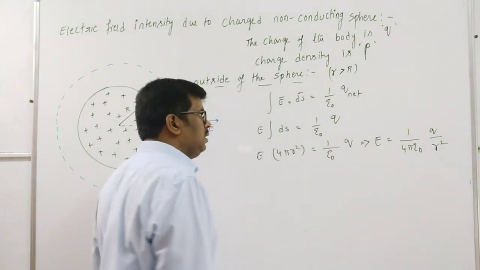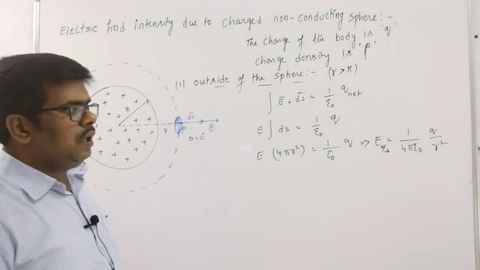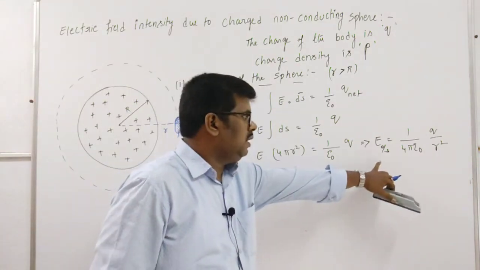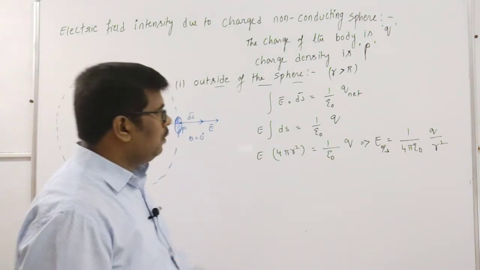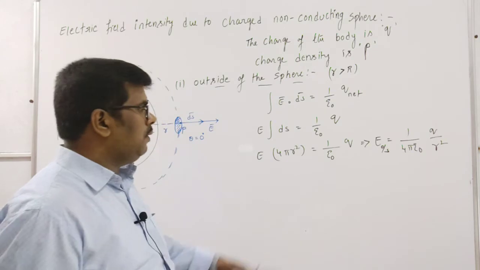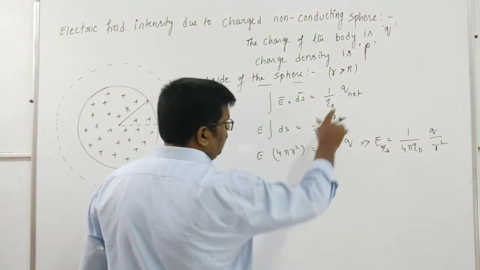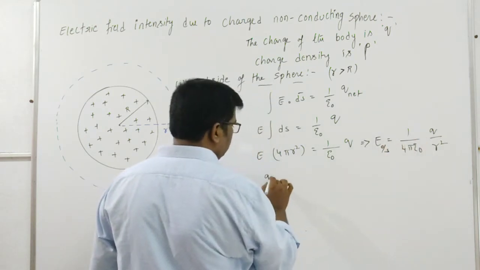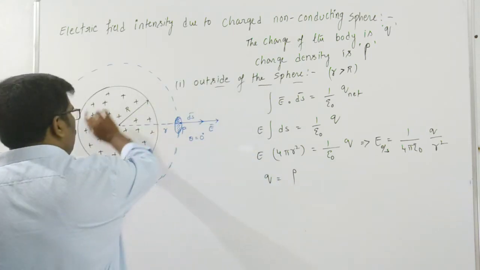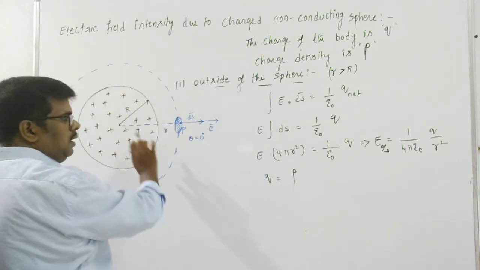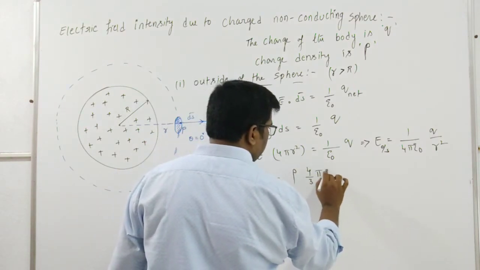You observe this expression. It is similar to the conducting body; we have the same expression even in the case of a non-conducting body. But if you write it in terms of charge density, how is it going to change? You can write the charge q equals charge density rho into the volume of this sphere. What is the volume of this sphere? 4 by 3 pi r cube.